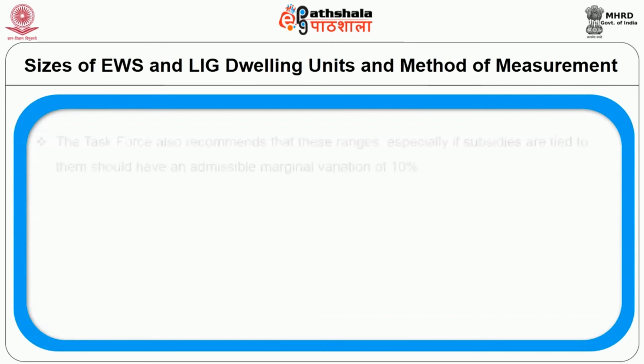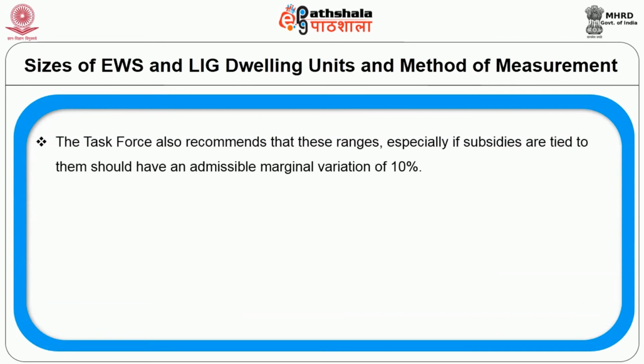The task force also recommends that these ranges, especially if subsidies are tied to them, should have an admissible marginal variation of 10%.